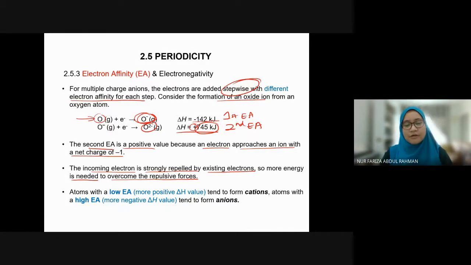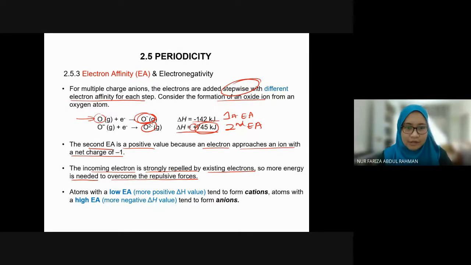So how do we add the electron into the ion? In order to do that, we have to supply energy. The incoming electron needs to be supplied with enough energy, because it needs to overcome the repulsion in the ion itself. The electrons already repel each other, and after accepting one more the repulsion is higher, and then it has to accept another one.